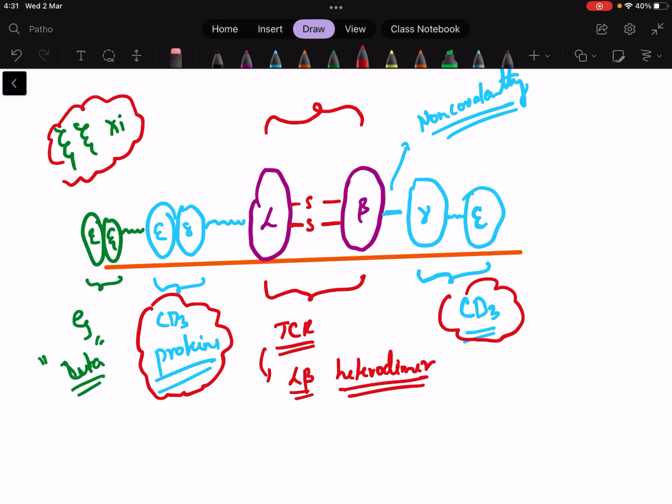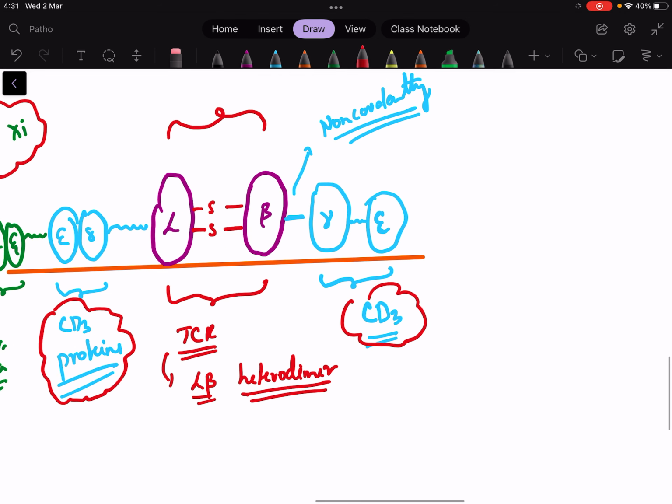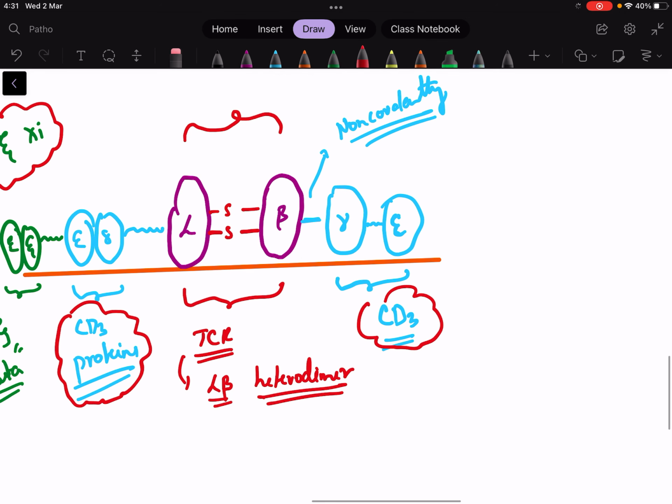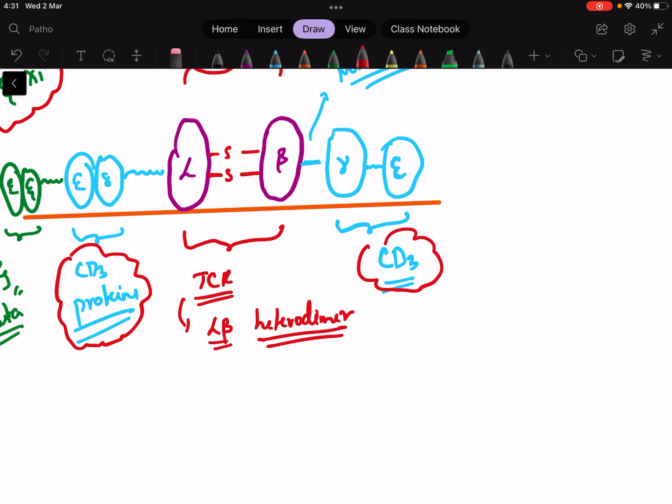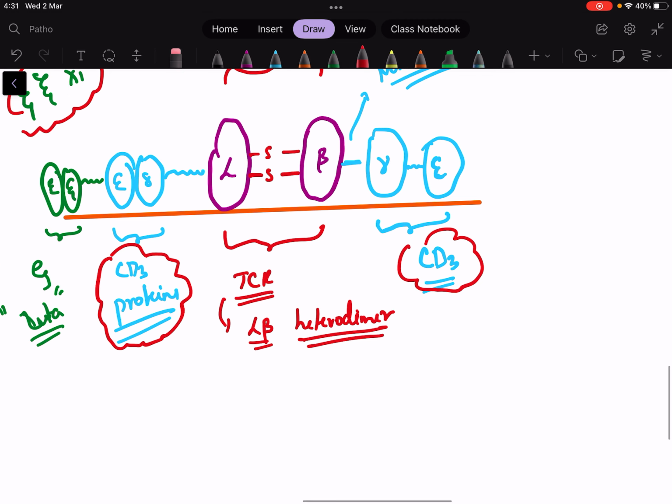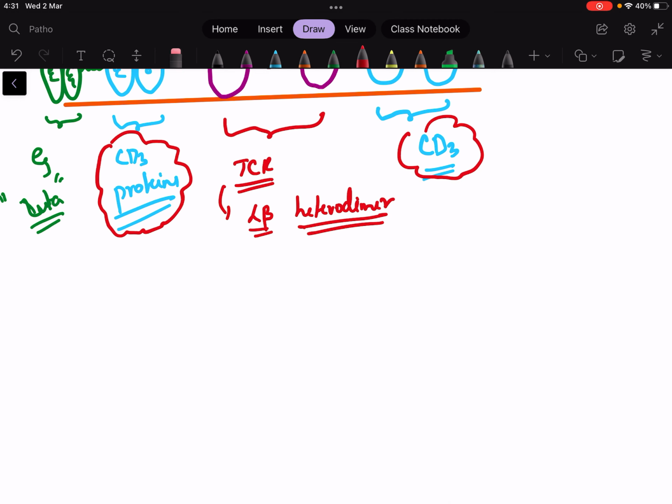So this is the composition of your T cell receptor. This entire thing is called the T cell receptor. The alpha and beta are the T cell receptor proper, whereas these three down here are the zeta and CD3 proteins.